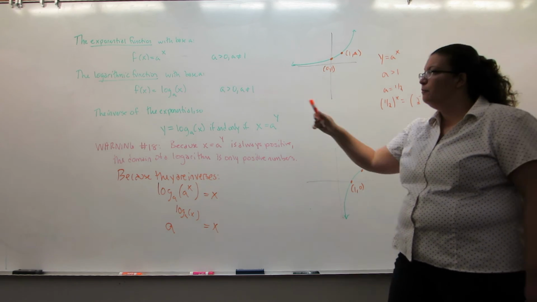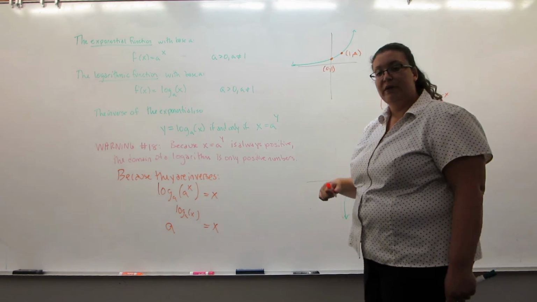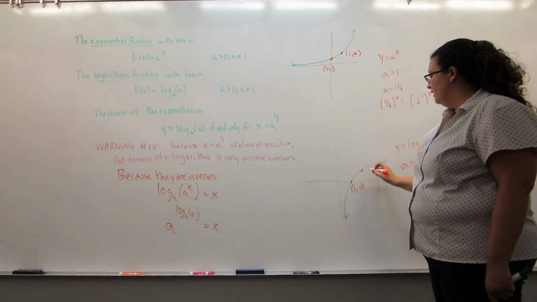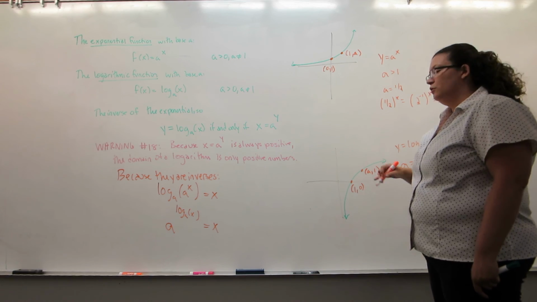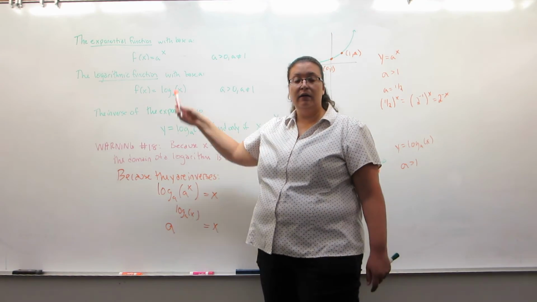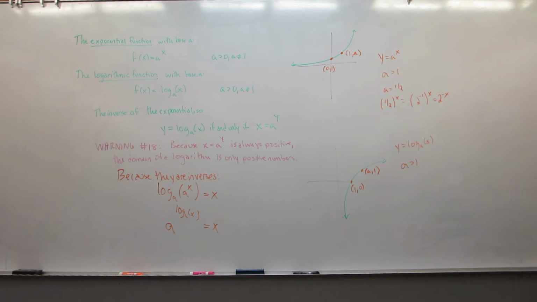Meaning log base a, no matter what the a is, of 1 is always 0. And because every exponential goes to the point (1, a), every logarithm goes to the point (a, 1). Meaning that log base a of a is always 1, no matter what a is. Now from these two basic graphs, you can do any kind of regular old graph transformation that we previously learned, and you'll get a graph of a different exponential or logarithm.